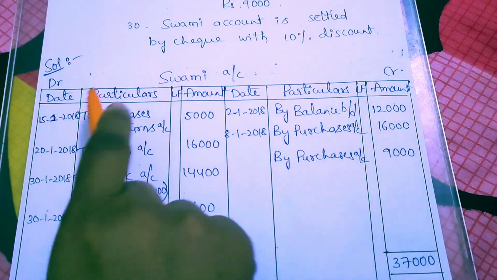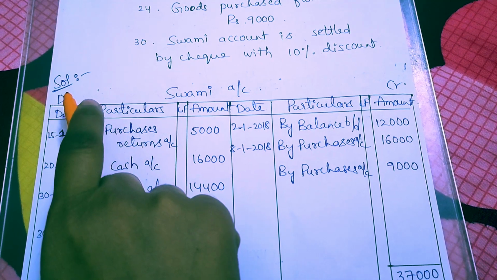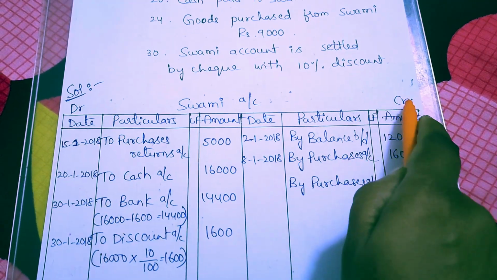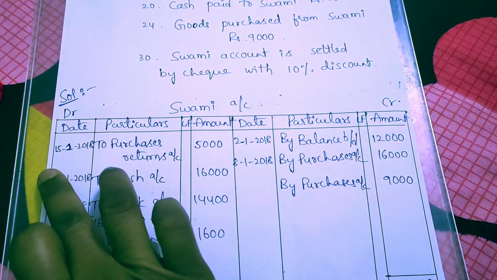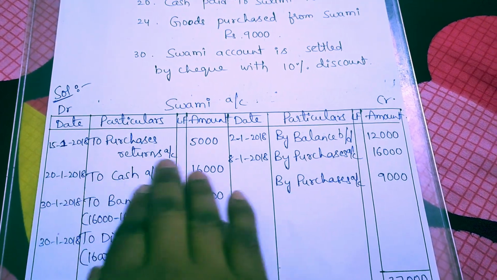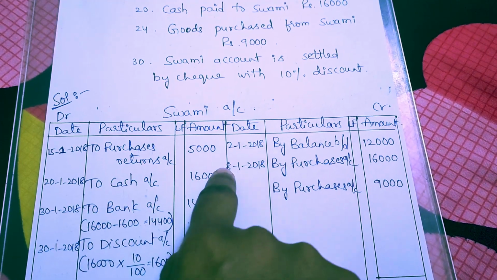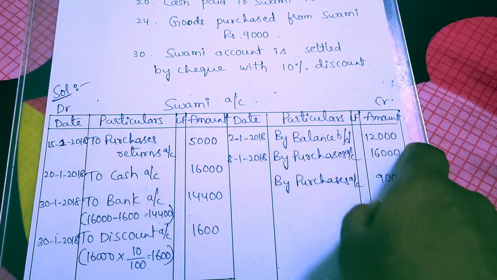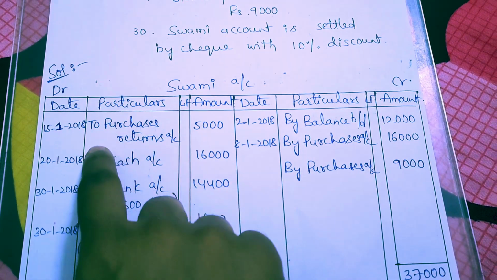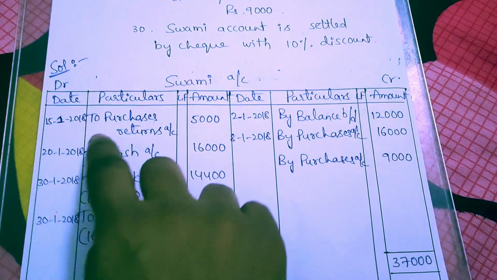These are the columns. On the top left side we should write DR. On the top of the credit side we should write CR. And from this date to amount, this is known as the debit side. And from this date to the end amount, this is known as the credit side. If you record any item on the debit side, you should start with the word to.